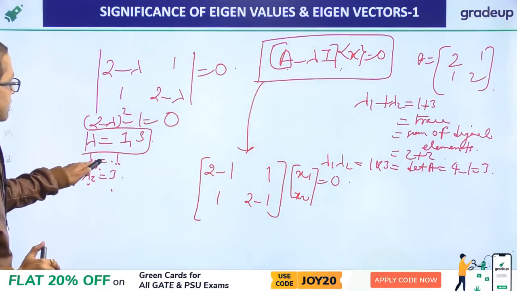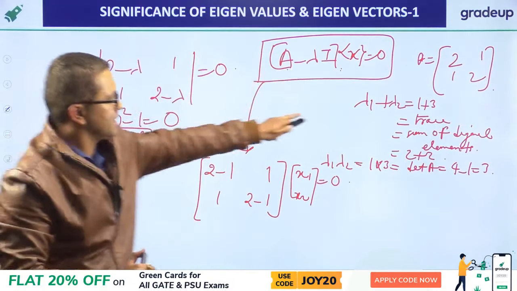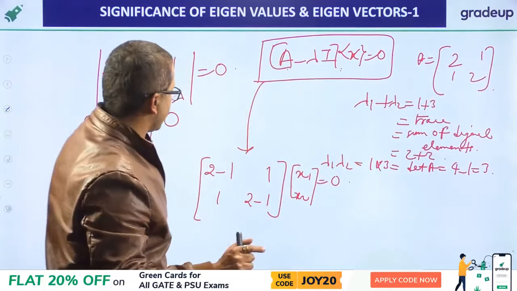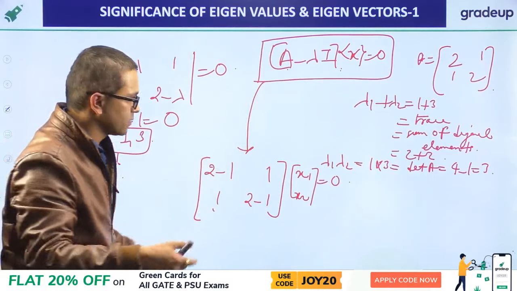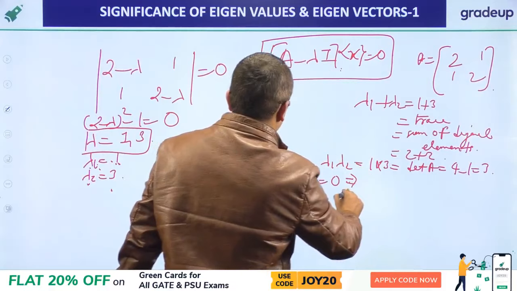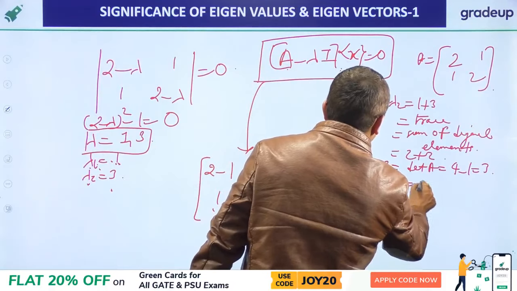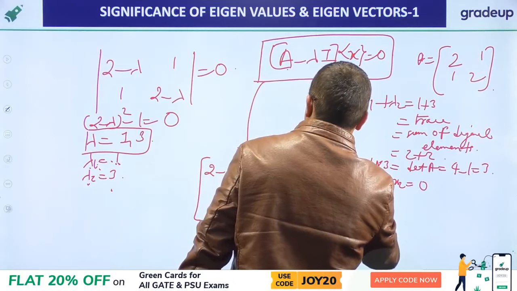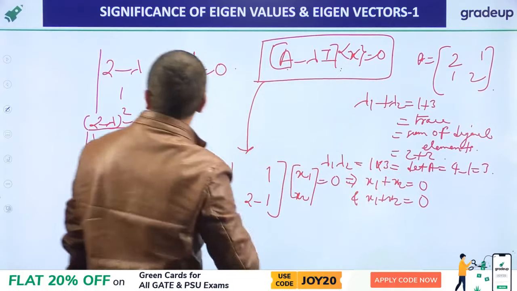I just put lambda equal to 1 in this equation, that is all. A is this and I, you know, is the identity matrix. So, can you please solve it? What do we get quickly? We get x1 plus x2 equal to 0 and x1 plus x2 equal to 0.